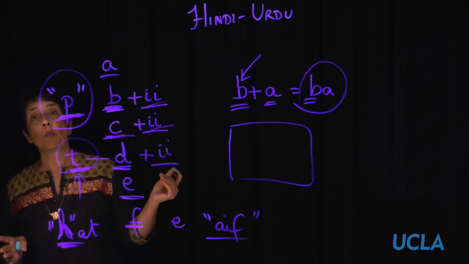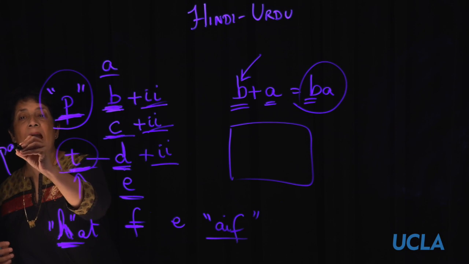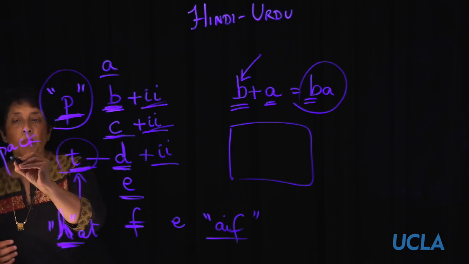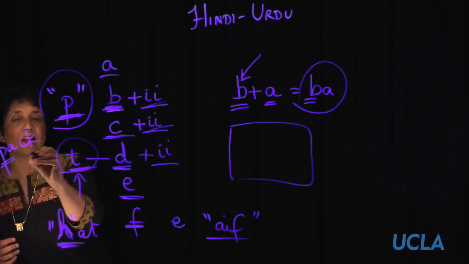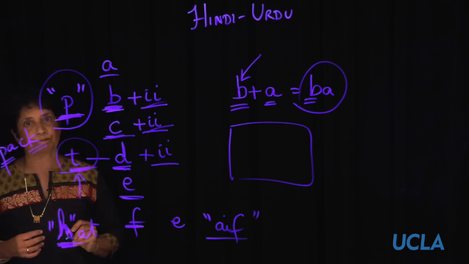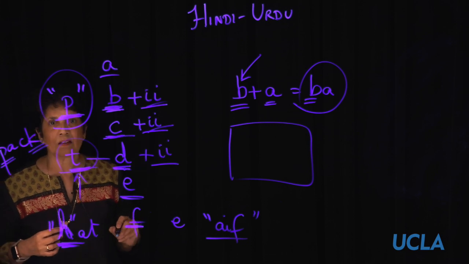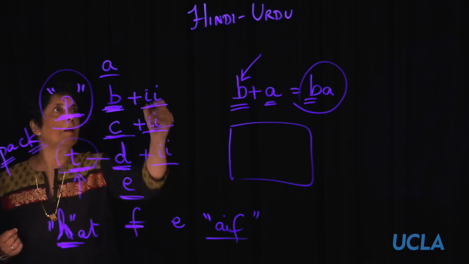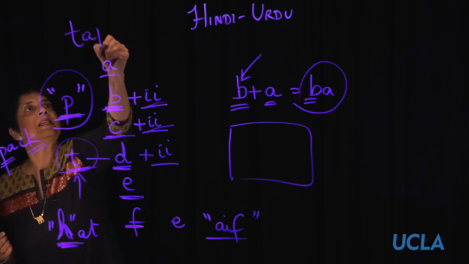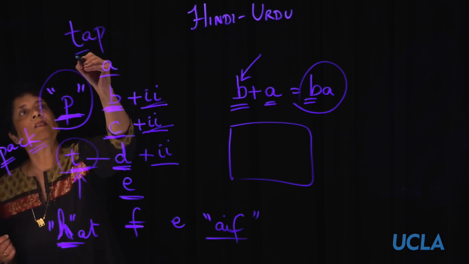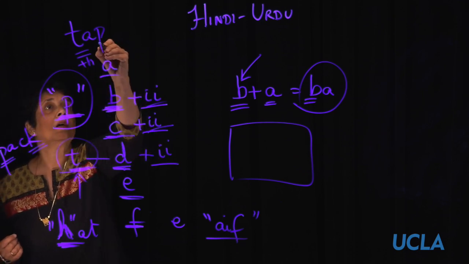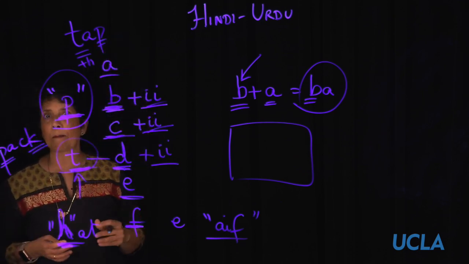So if you take a word like pack, here the p is aspirated, but not the k, right? That's not aspirated. Or we take a word like tap. The t is aspirated, which I'm marking with a plus H, but the final p is not.